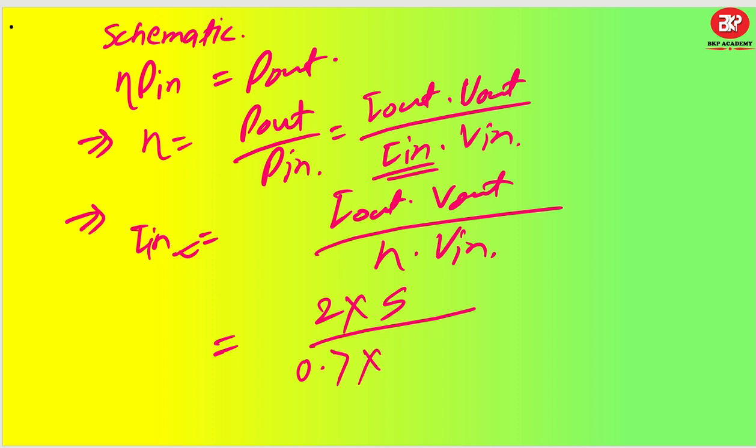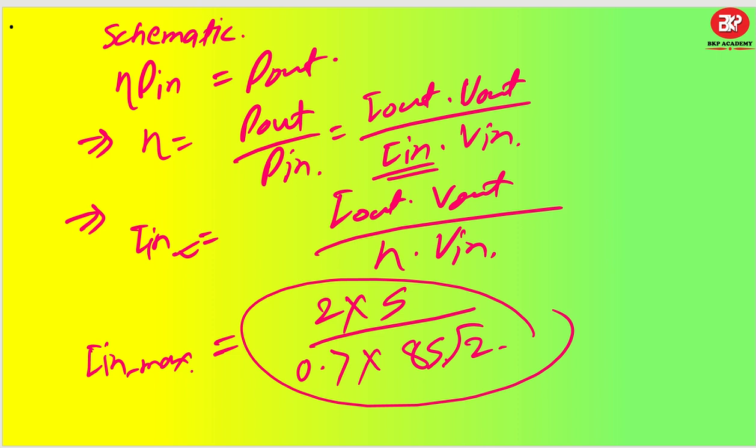Multiplied by, suppose we want to find out what my I input maximum is, so my V input minimum should be there. V input minimum will be 85, was there, right? So 85 root 2 will be the minimum.